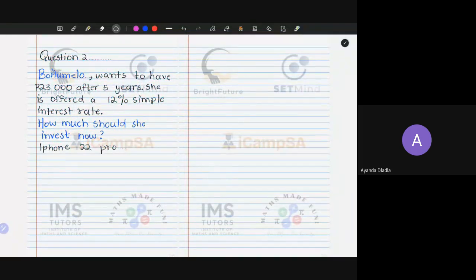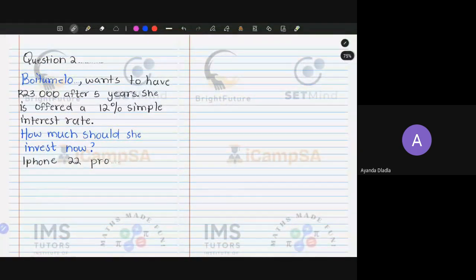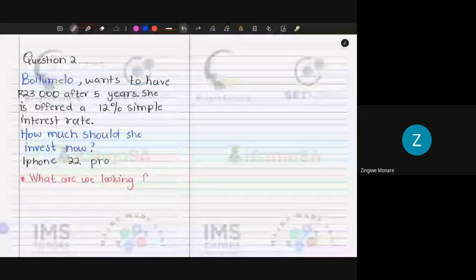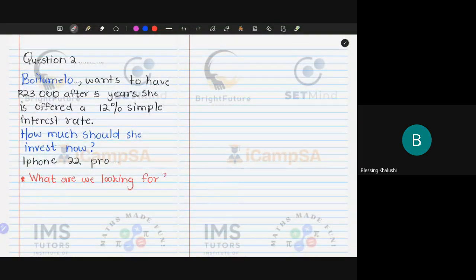Okay, so let's quickly have a look at what is going on. And the first question which we must ask ourselves, guys, is what are we looking for here? Because we can hear Buitumelo is telling us her story, but because we are smart, we need to understand what we are looking for. Anyone, guys? We are looking for present value.